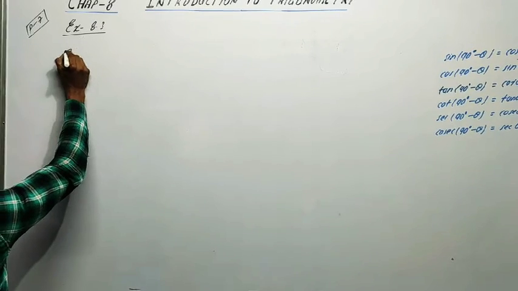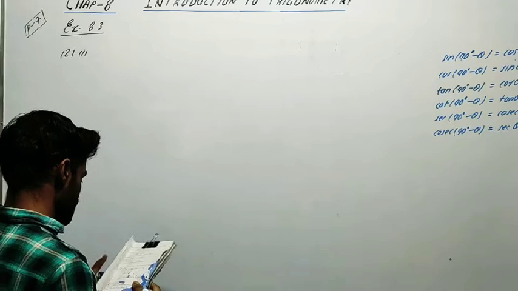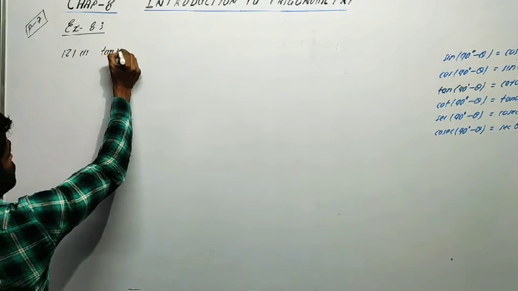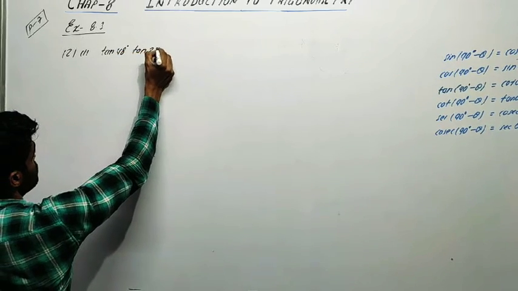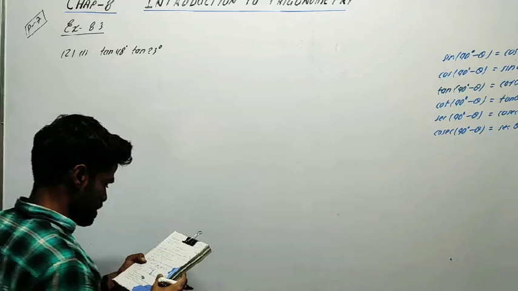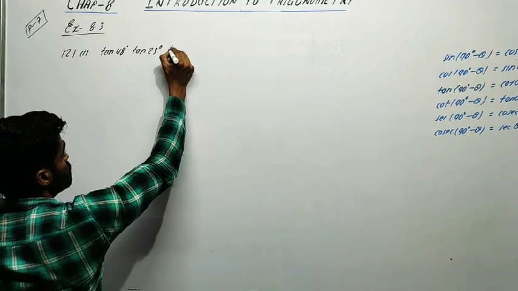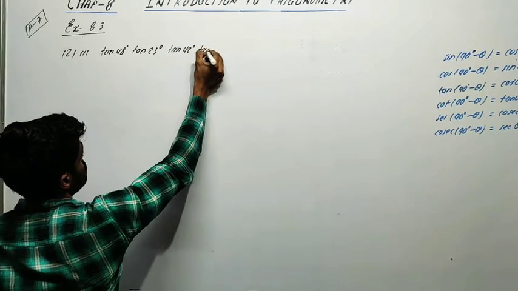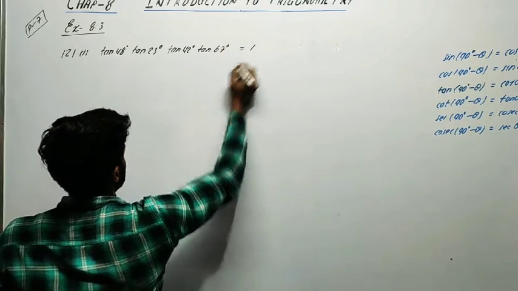Question 2, part 1: tan 48 degree into tan 23 degree into tan 42 degree into tan 67 degree is equal to 1.